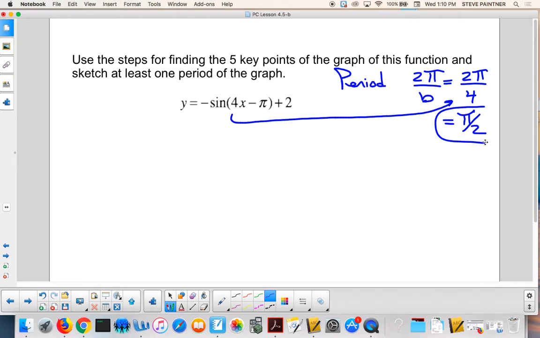Period to be 1/2 pi. Got it? Okay. Just making sure.